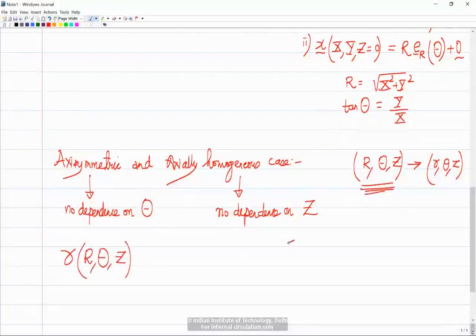Think of a cross section, and here are all the points having that constant big R.